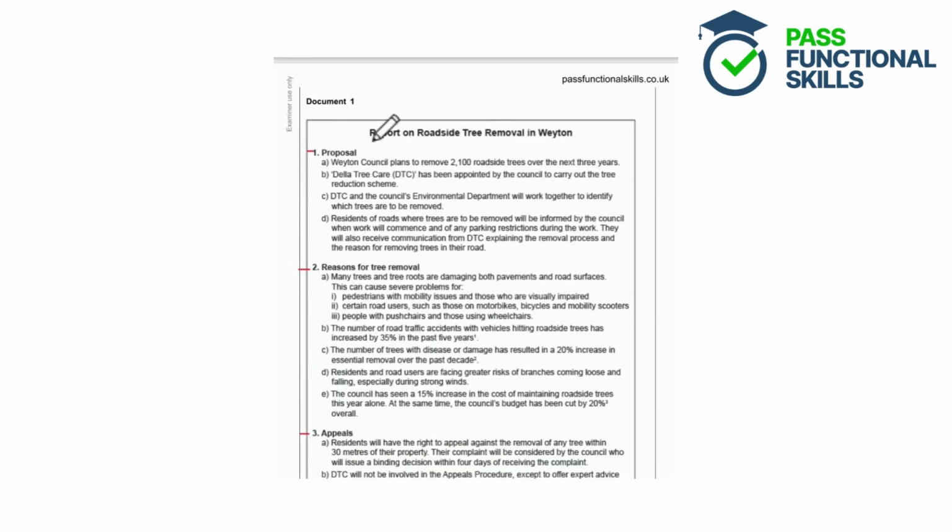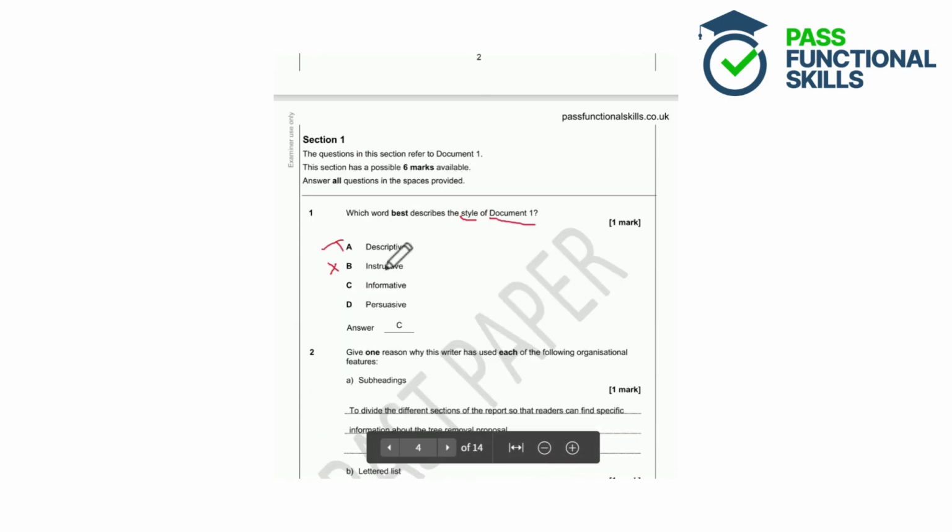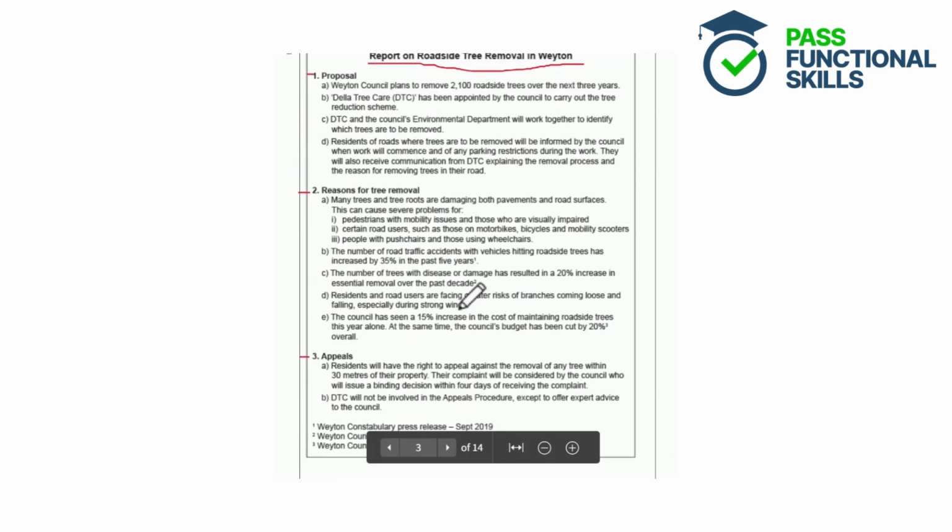We've also got the title of the report here, so Report on Roadside Tree Removal in Weighton. So it's really informing the reader on roadside tree removal. So we can say that C is the correct answer. And then we've got D, persuasive. Well, there's no persuasive language really used in this. It's not trying to get the reader to do anything in particular. It's simply just trying to inform them.